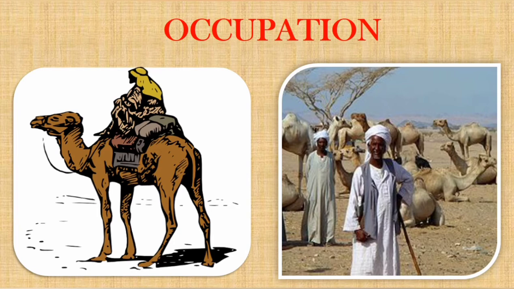They use the camel as a caravan, used to travel around. So it is known as the ship of the desert. Clear? Now you understood about the occupation and also the ship of the desert, right?